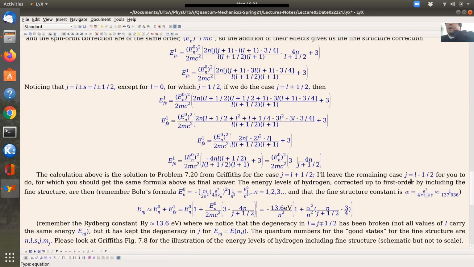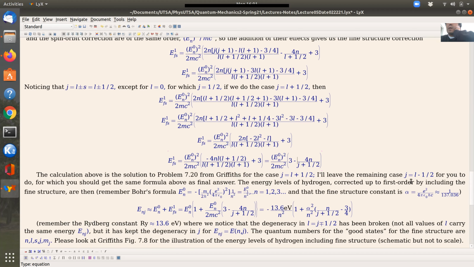So, basically by adding the spin orbit coupling correction and the relativistic correction for the energies, you get the fine structure by this formula. You can also polish it a little bit. Well, no, this is polished in terms of the correction.